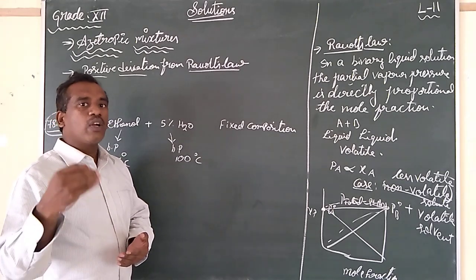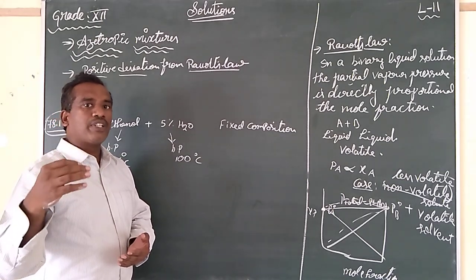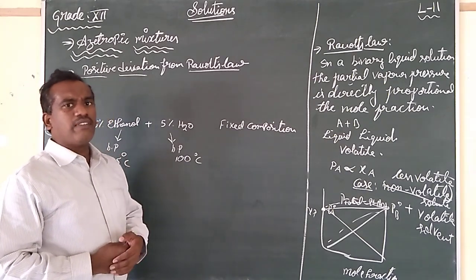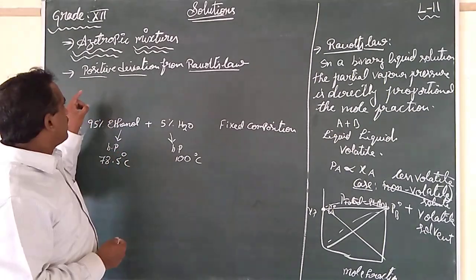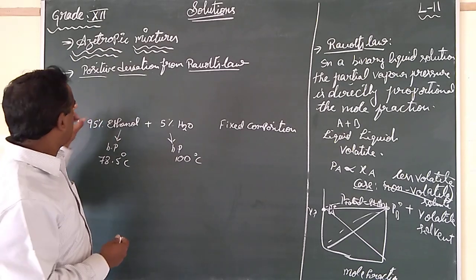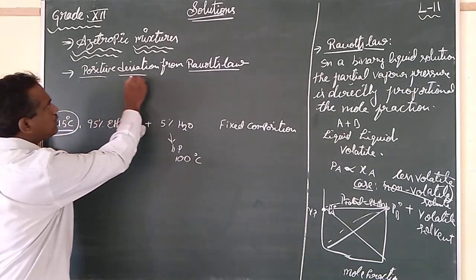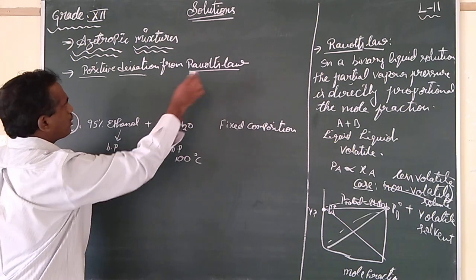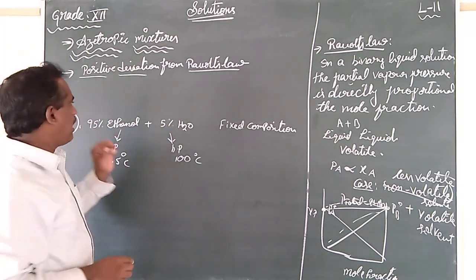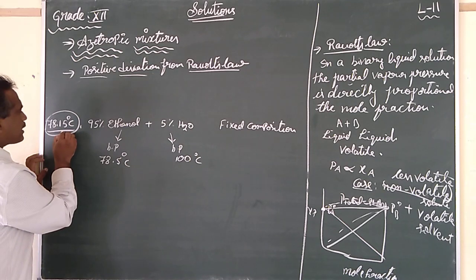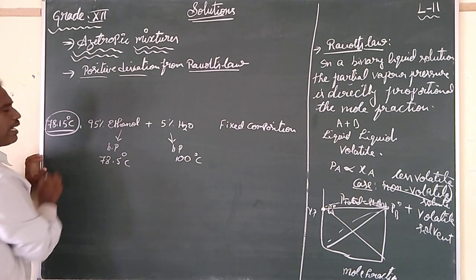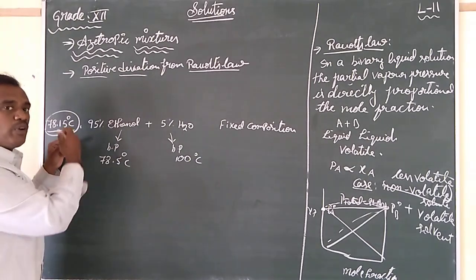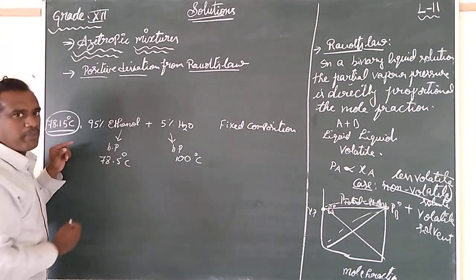In other words, these are positively deviated solutions of Raoult's law. They show a decrease in their boiling point, meaning they boil at a lower temperature.